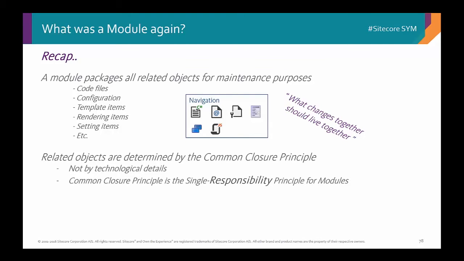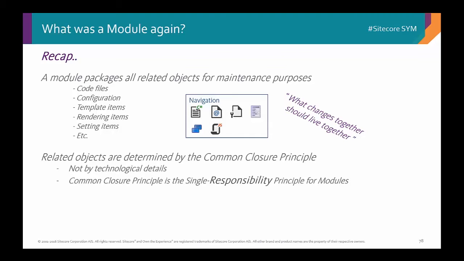So which objects are related to one another is decided by the principle called the common closure principle, and not by technological details. If you're used to working with 3 or n-tier architecture where you divide everything based on their technical responsibilities, it can be a bit of a mind twist to start to think about the actual business side of it, the domain side of it.